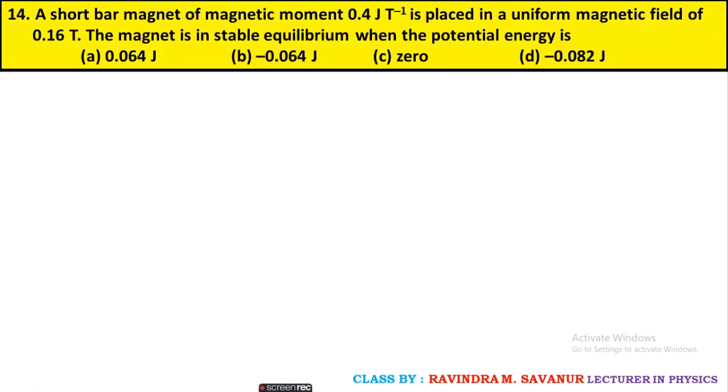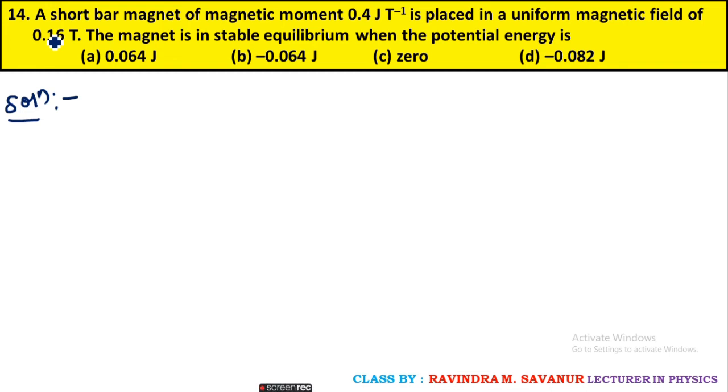Move on to next question number 14. A short magnetic moment, that is 0.4 joules per Tesla, is placed in a uniform magnetic field of 0.16 Tesla.